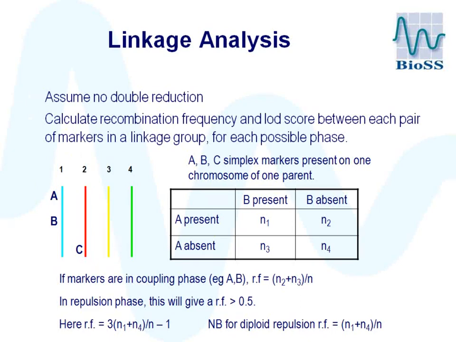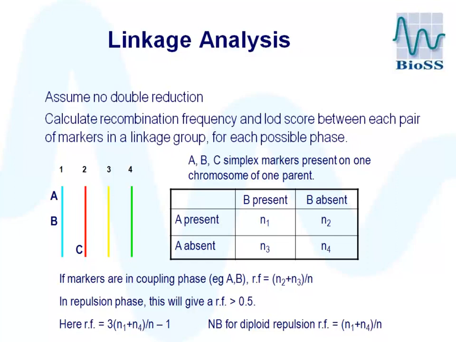To set the scene in terms of the configuration that you'll be familiar with from analysis of diploids, if we assume that there's no double reduction and look at the recombination frequencies among 3 simplex markers. So I have A and B that are both situated on one chromosome here, C that's situated on another chromosome of that linkage group.